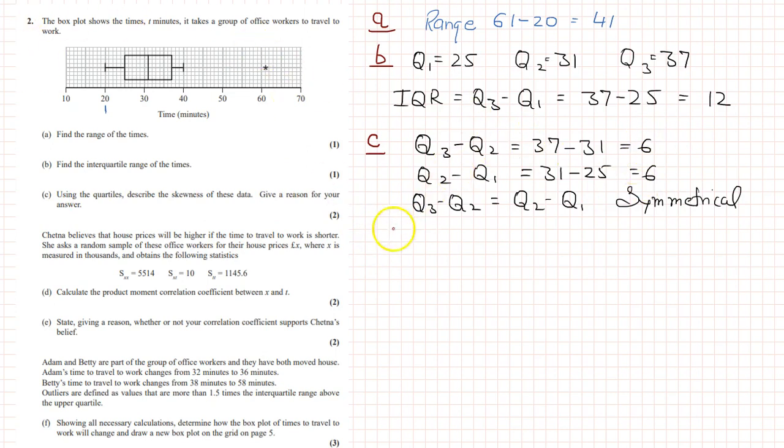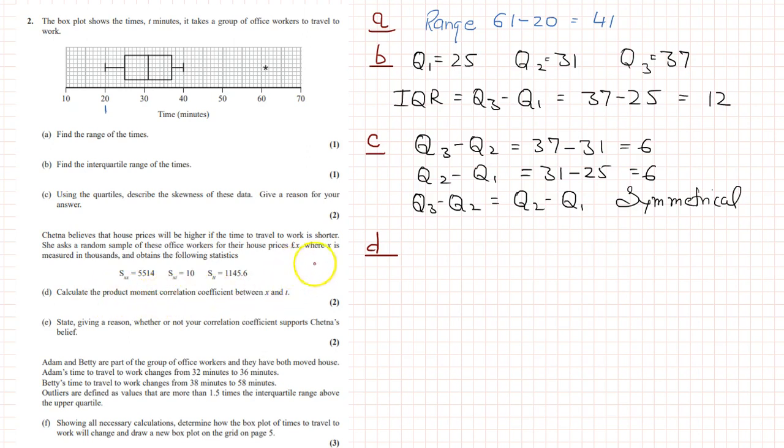Then part D. Chetna believes that the house price will be higher if the time to travel to work is shorter. She asked a random sample of these office workers for their house price, where X is measured in thousands, and obtained the following statistics: SXX, SXT, STT.